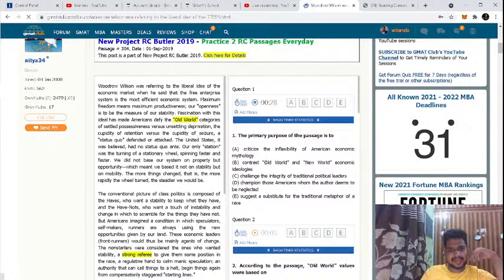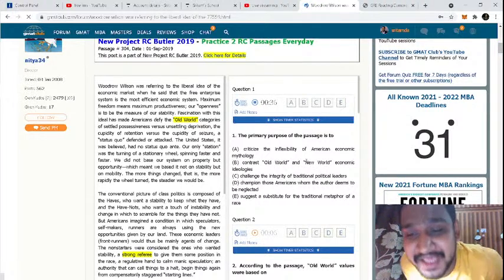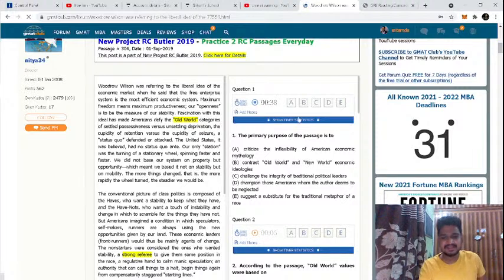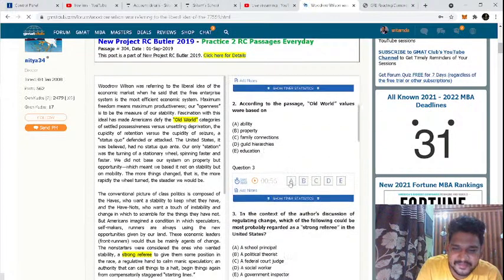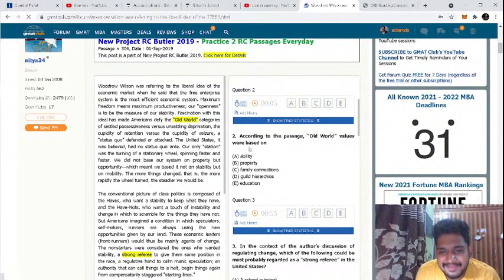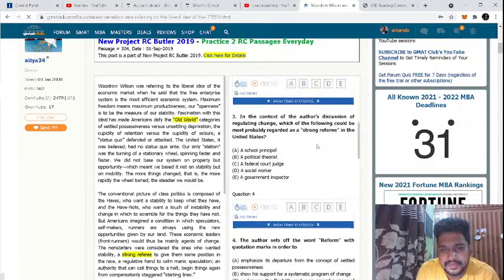We started off comparing the old world, the world of settled possessiveness, versus the unsettling deprivation, and that is how we came about the American economic system. So that option is criticize the inflexible. Sorry, guys. However, the passage on old world values was based on ability, property. That's it. There's no talking about it.